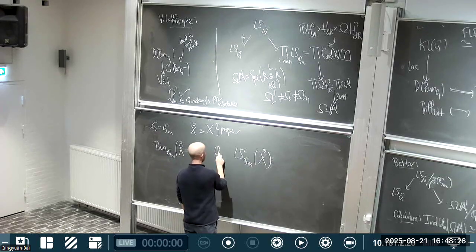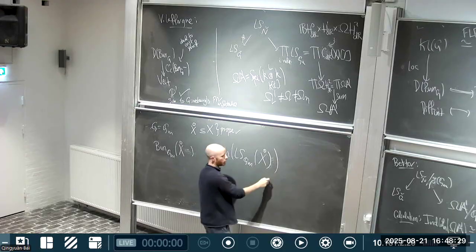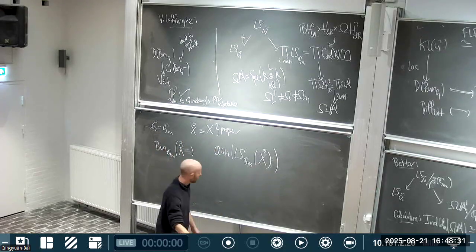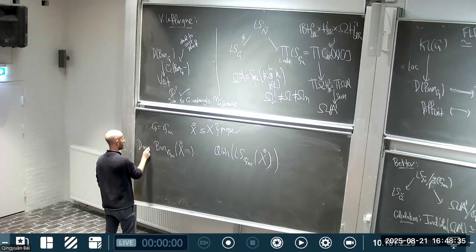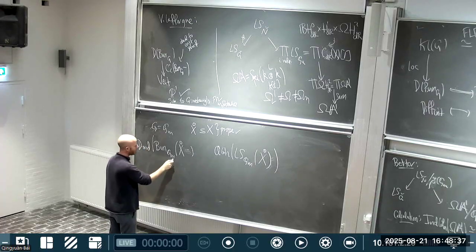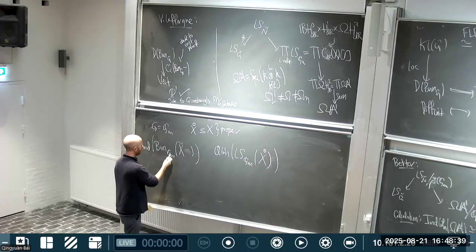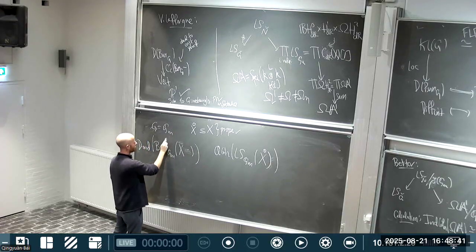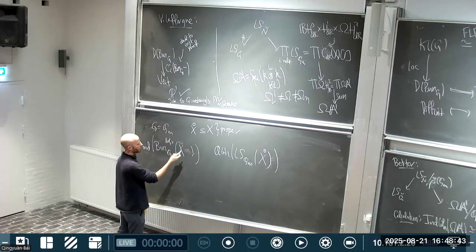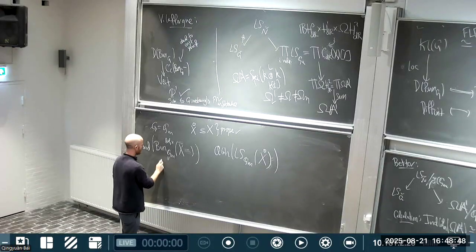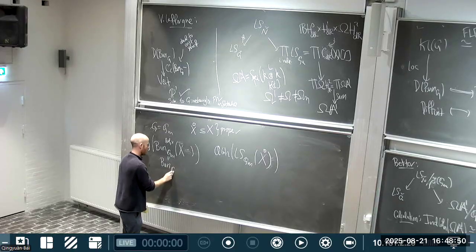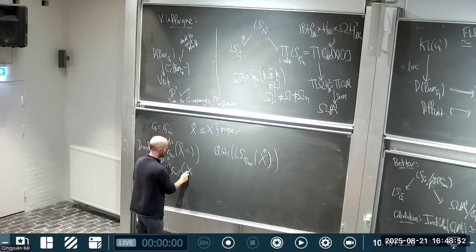You can ask about quasi-coherent sheaves on this space, and what you can check is that this is the same as the category of modules not here, but on the space of line bundles on X with a trivialization around the punctures. So in some sense, this is supported on this side.